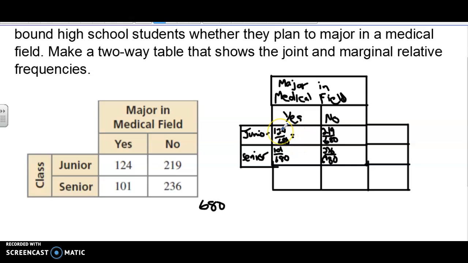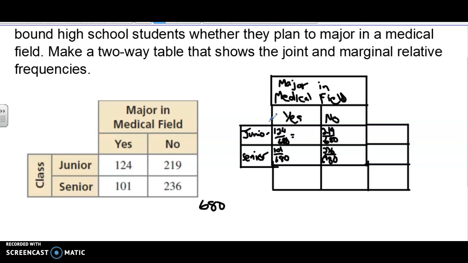Alright, and so then we're going to find the percentage. Usually you find percentage, sometimes you can find the decimal. They usually give you the option of which one you want to choose, but you're going to round to the nearest hundredth either way. So if you're doing percent, just round to the nearest percent.